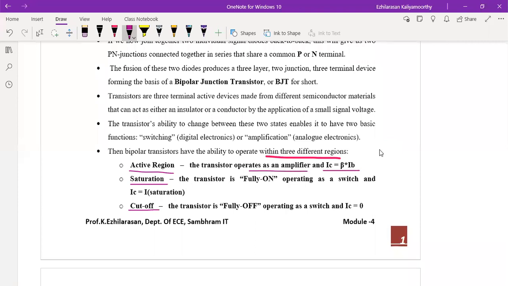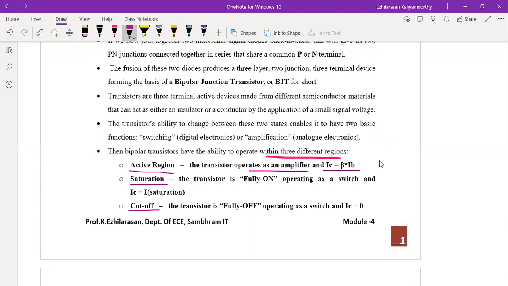What is the very basic difference between the BJT and the MOSFET or JFET? Normally, the JFET is a voltage controlled voltage source, because at the input you have the gate terminal, where you apply the gate voltage, and the output is the voltage VDS between the drain and source. Here, the BJT acts as a current controlled source.